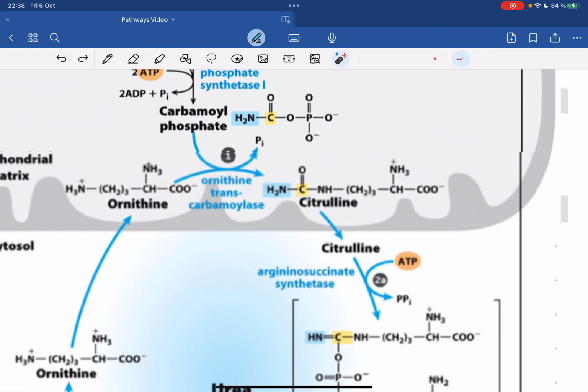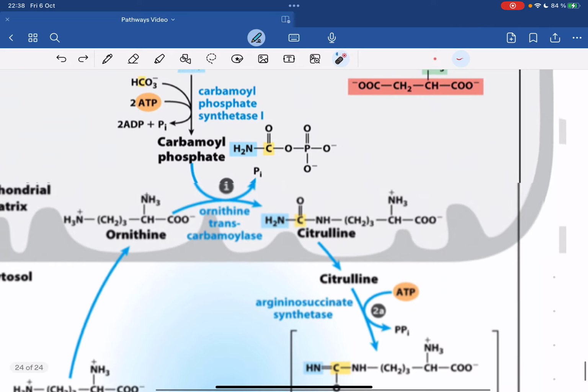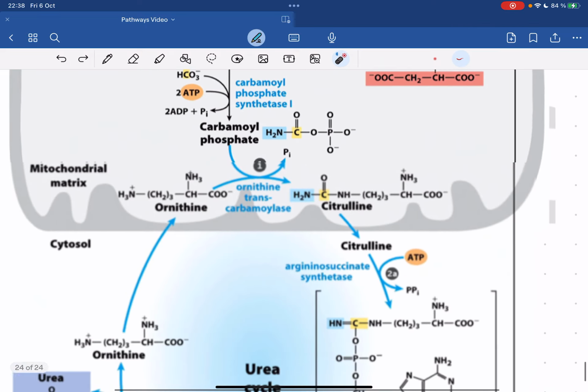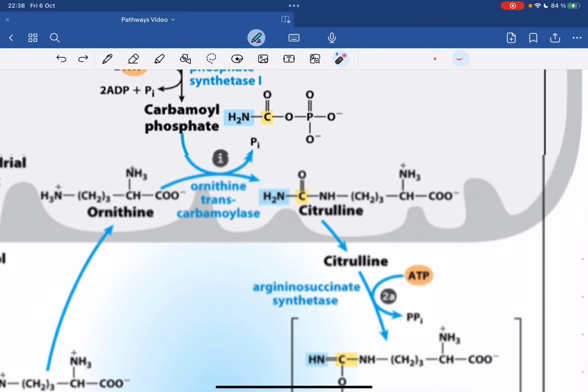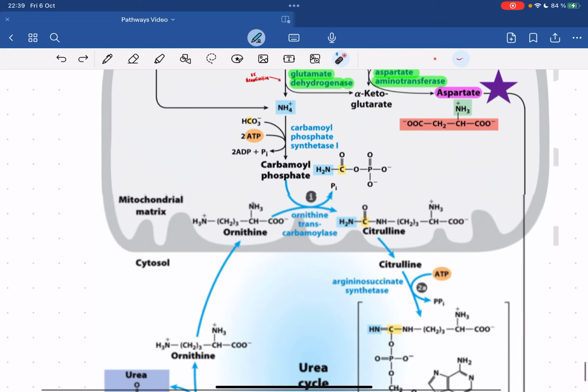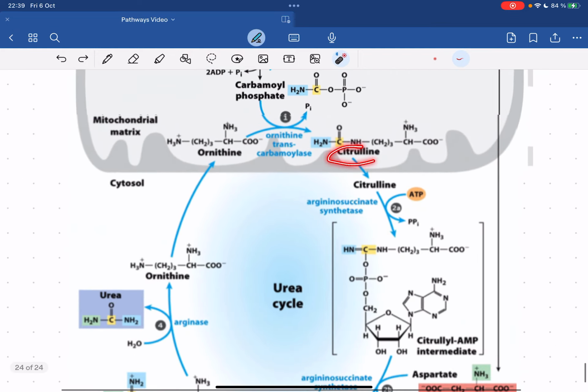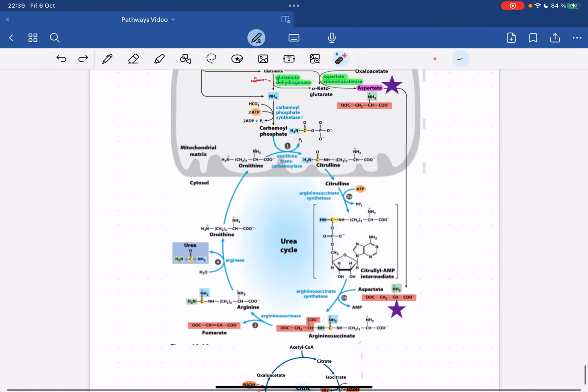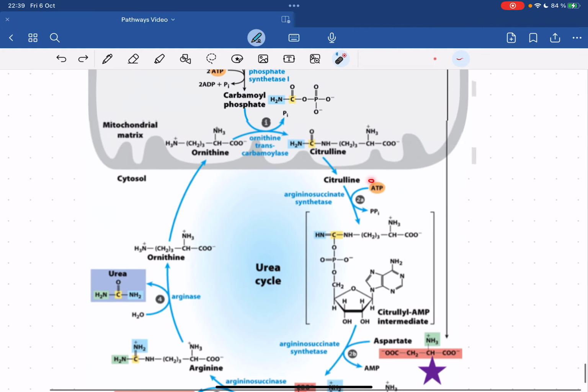So this is a little bit of an easier way to remember. Citrulline also has 3 amine groups. Actually, it has 6 carbon atoms: 1 here, 3 here, 4, 5 and 6 right there. Now the citrulline will continue on into the urea cycle, and it will react with ATP.